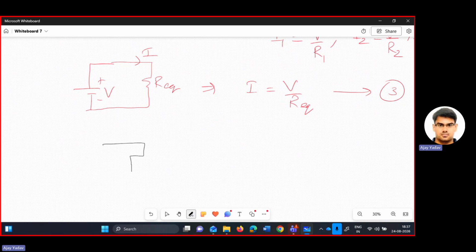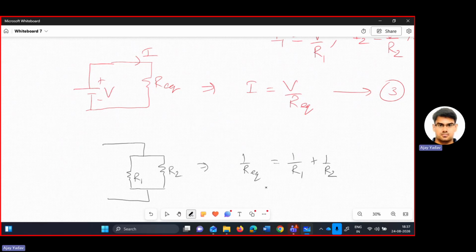Suppose you have two resistors, this is R1, this is R2. If someone asks you to calculate the equivalent resistance of these two, we can say that 1 by R equivalent is 1 by R1 plus 1 by R2.